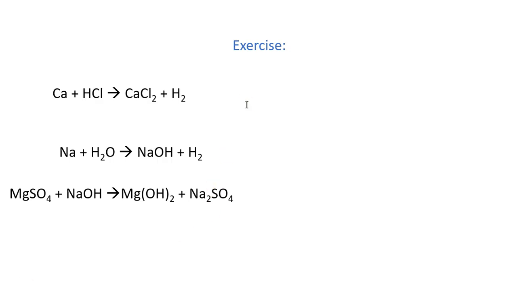Last slide. Ca plus HCl gives me CaCl2 plus H2. Pause the video for a second, have a look, then I'll resume. So starting with the Ca, 1 on the left, 1 on the right, so far so good, that balances. Now to H. 1 on the left, but it's H2 on the right. That's 2 hydrogens.